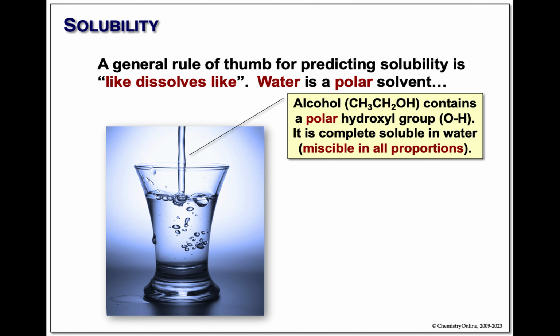This is water, and we're adding alcohol to it. The two are miscible in all proportions, and that's because alcohol, this is ethanol, has an OH group just like water. Only has one OH, so it's not as good at doing things as water is. Still, the two are totally compatible with each other.